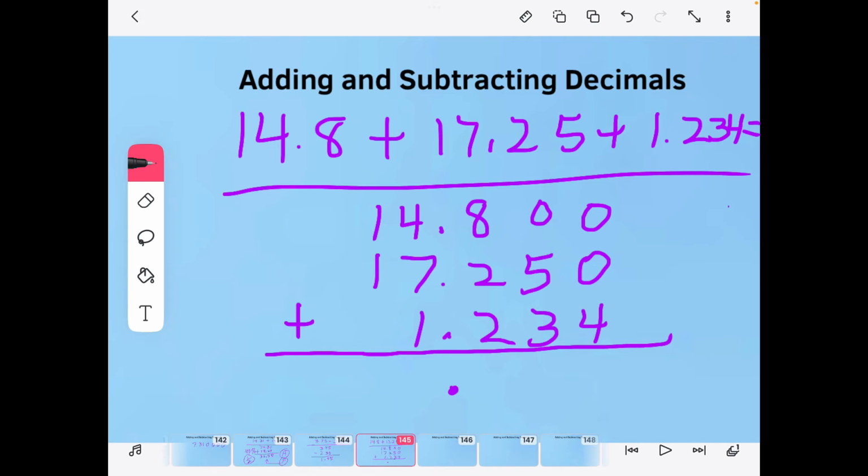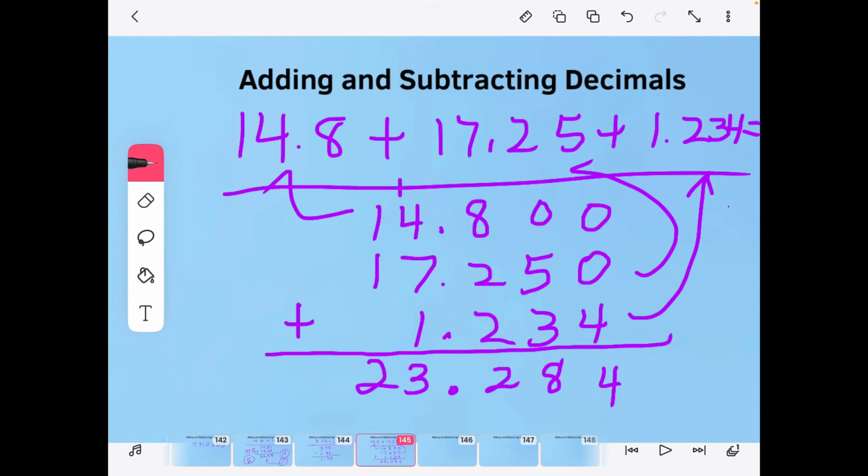Let's do the math. 4, 8, 12, carry the 1. 13. 2. My decimal point is there. Let's double check these numbers because there's a lot of numbers. Did they match? Yeah, they matched. That's good. So let's just keep moving forward.